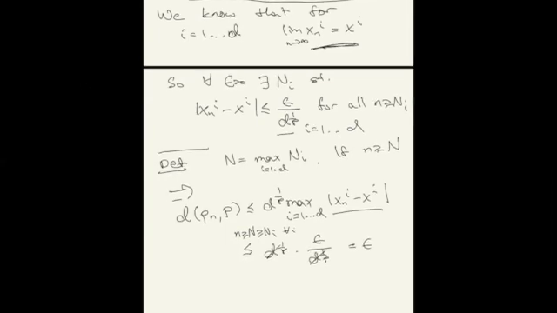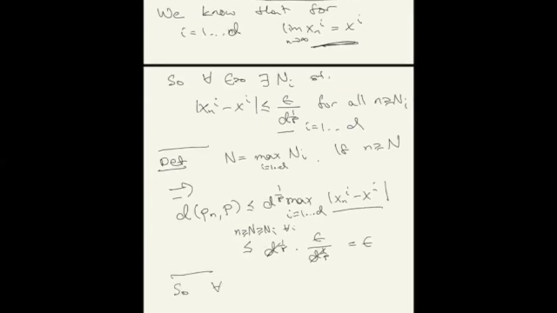But because n is bigger than or equal to N, which is bigger than or equal to N_i for all i, each of these components we can estimate from above by epsilon over d to the power 1 over p. This is a maximum, so it's at most, and we have the same upper bound for all of them, so we get d to the 1 over p times epsilon over d to the 1 over p. Factors cancel, we get epsilon.